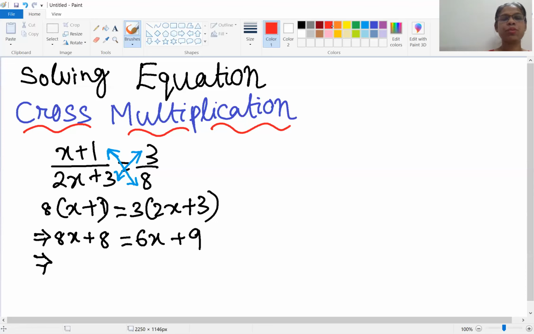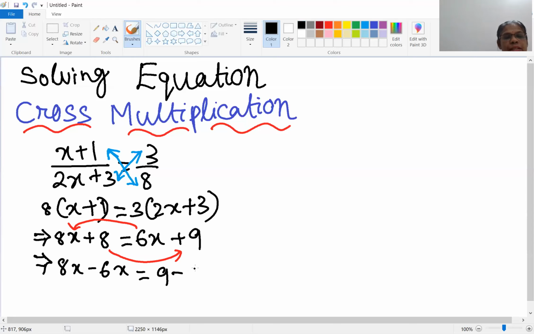I am transposing this x here and this fixed number here. 8x minus 6x is equal to 9 minus 8. 8 minus 6 is 2x, which is equal to 9 minus 8, which is 1.